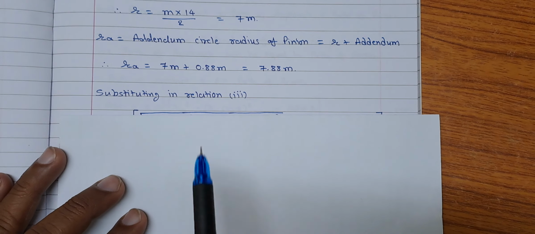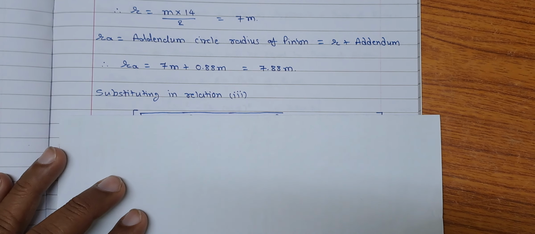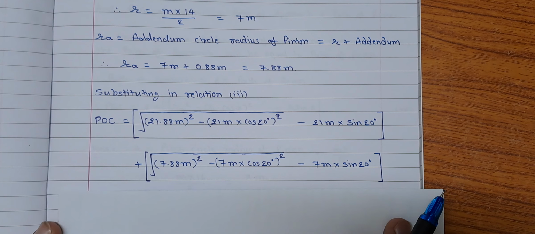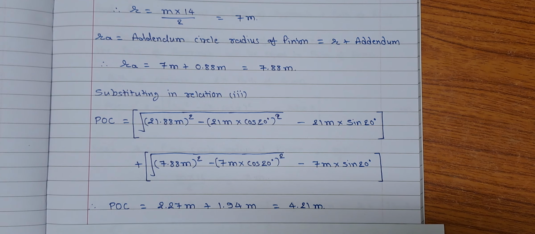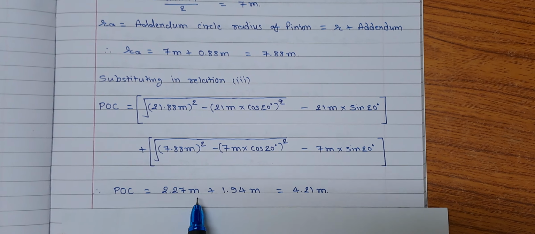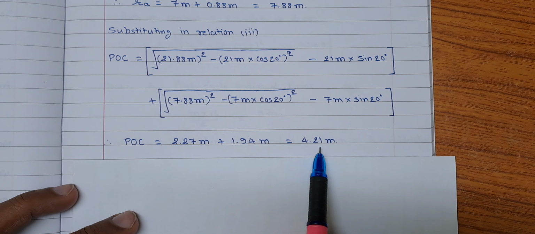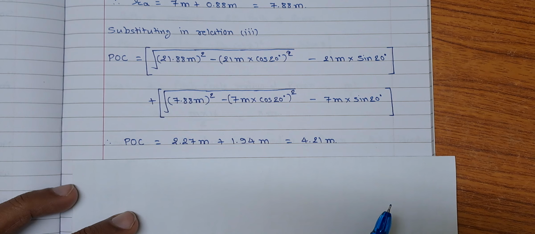Substituting these values in relation 3, we found path of contact on calculation is equal to 2.27 times module plus 1.94 times module is equal to 4.21 times module.